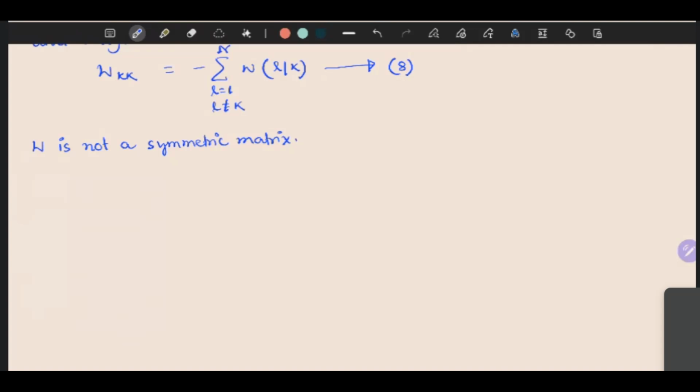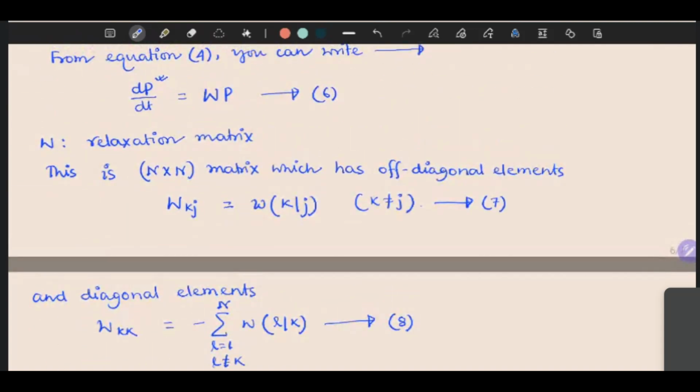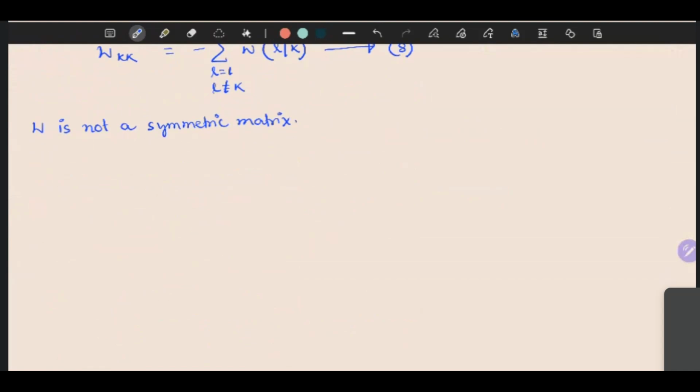Okay, now you can solve these equations. So since the elements of W do not depend on time, that means we are considering a stationary process, right?